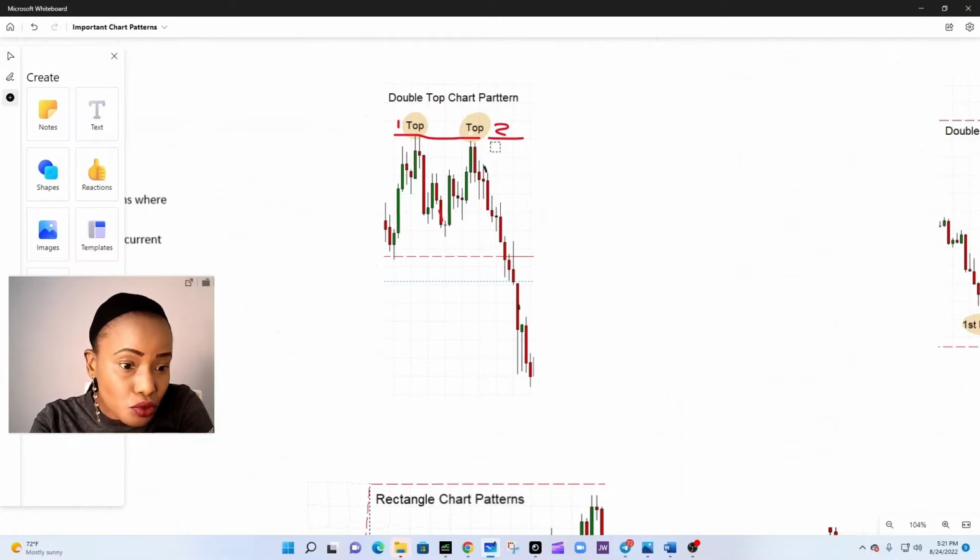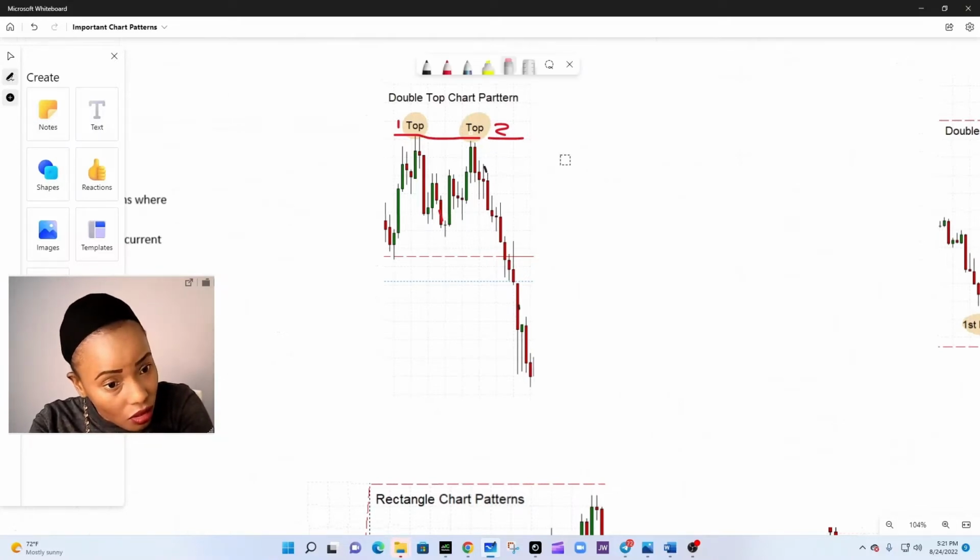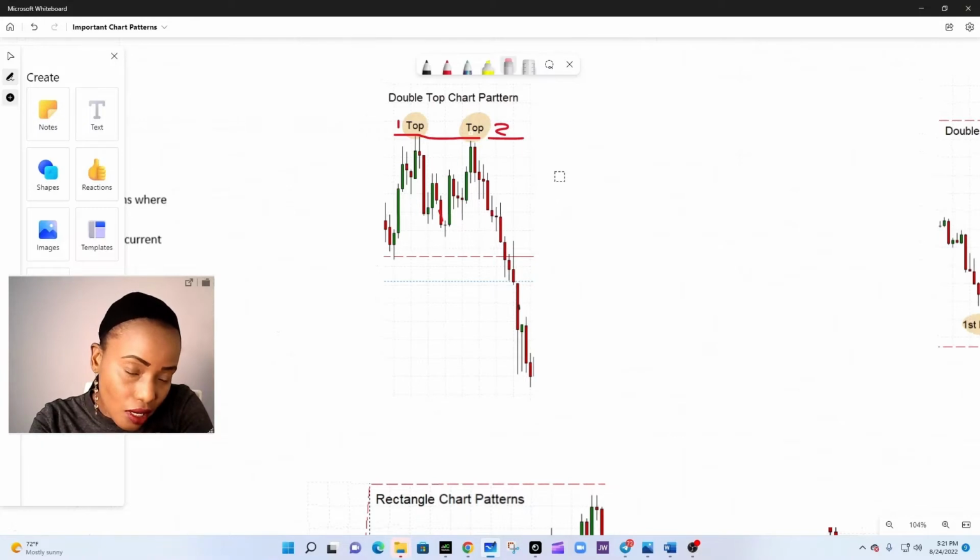So what do you do? You look for your reversal signs. You know now this market is going to reverse. So this is going to be called a reversal chart pattern formation. Therefore, look for your trade entry confirmations.